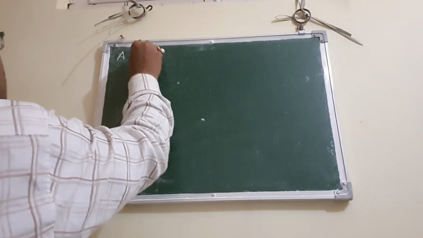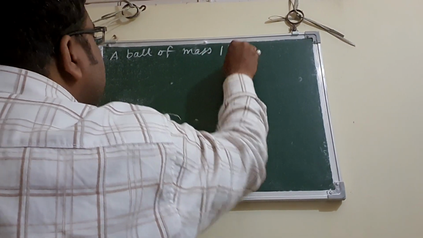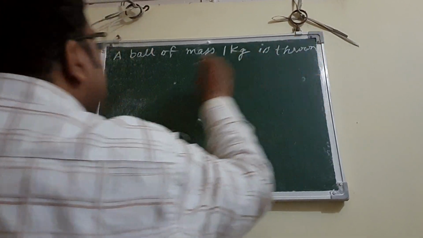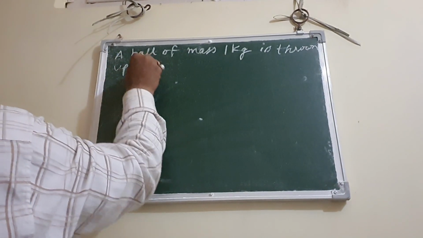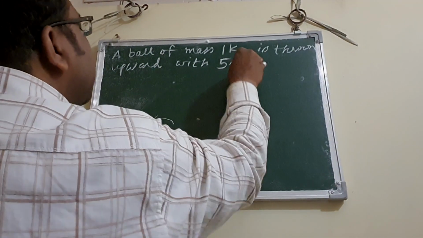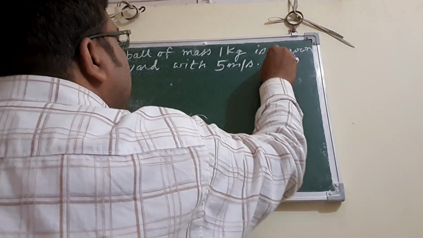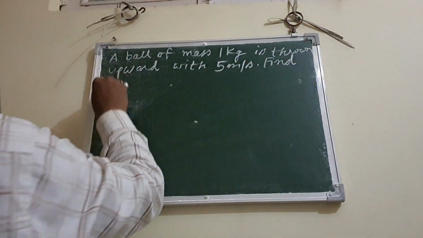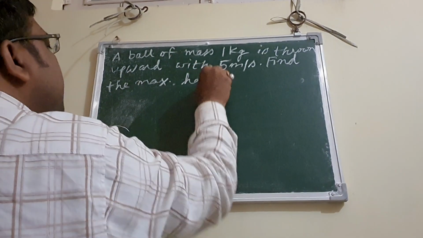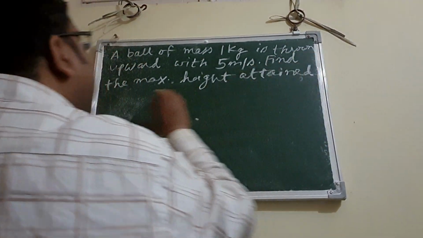a ball of mass 1 kg is thrown upward with 5 meter per second. Find the maximum height attained by the ball.